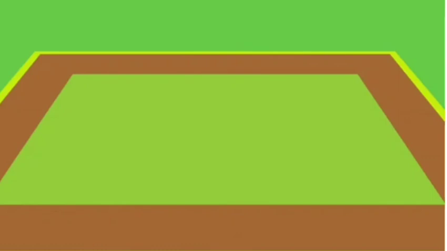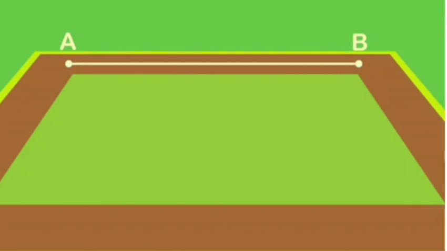So, let's say this point is point A and the other end is point B. Now, let us take these 2 points and join them along a straight path. This straight path drawn to join 2 points is called a line segment. It has 2 endpoints and a fixed length which can be measured.